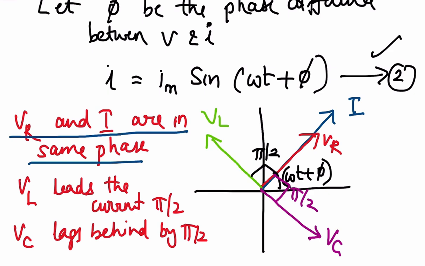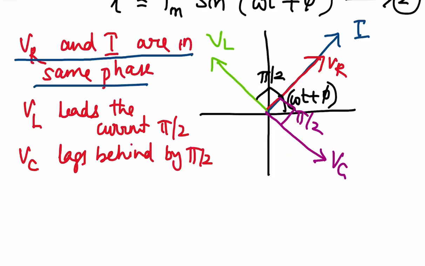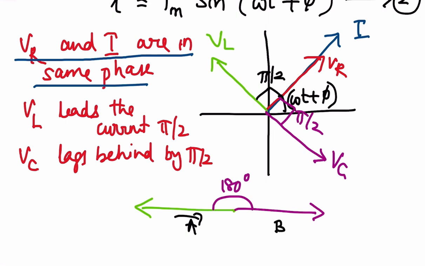Now let us reconstruct this diagram again. So you can clearly see VL is like this, and VC is like this. The angle between them is 180 degrees. I am just giving you an example. In the case of vectors, if A bar is on one side and B bar is on the other side, we take the resultant vector as A bar minus B bar in vector algebra.